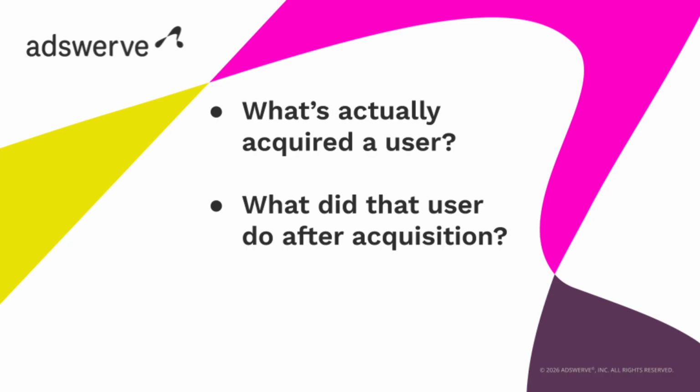So for me, back to my intro, this is one of, if not the biggest reasons I fell in love with this platform. If you're a marketer and you want to answer a basic question around what actually acquired a user and what that user did after acquisition, you almost certainly have to have some component of stitching to answer those questions.